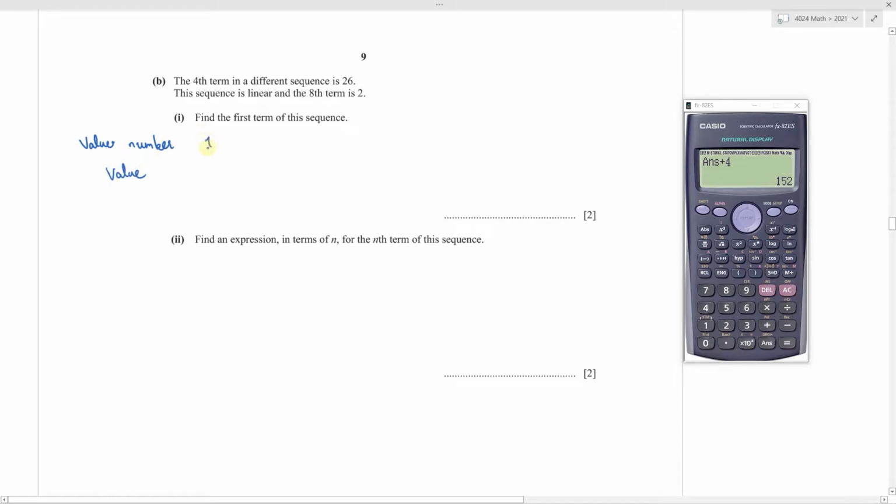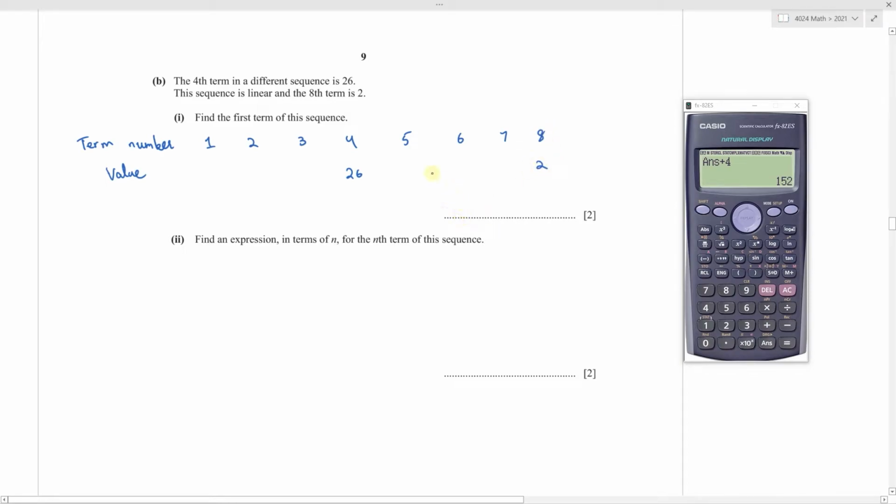You're given that the fourth term, 1, 2, 3, fourth term is 26 in this sequence, and the eighth term is 2. So 5, 6, 7, 8.